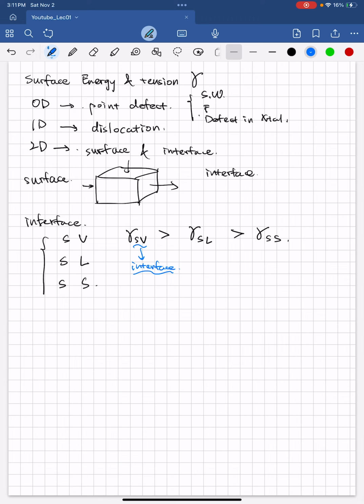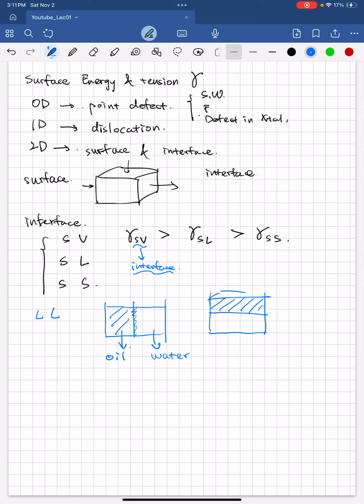And there are many different interfaces. There are even liquid interfaces. If there are two immiscible liquids, maybe this is some kind of oil and this is water, then they are not going to mix, due to difference in density, and they are immiscible, then we can also see this kind of boundary, right?